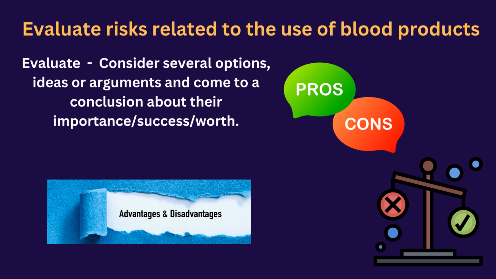Your command words would be words such as evaluate, describe, state. Those are examples, right? So when you're asked to evaluate, you need to consider several options, ideas, or arguments and come to a conclusion about their importance, their success, or their worth, right?